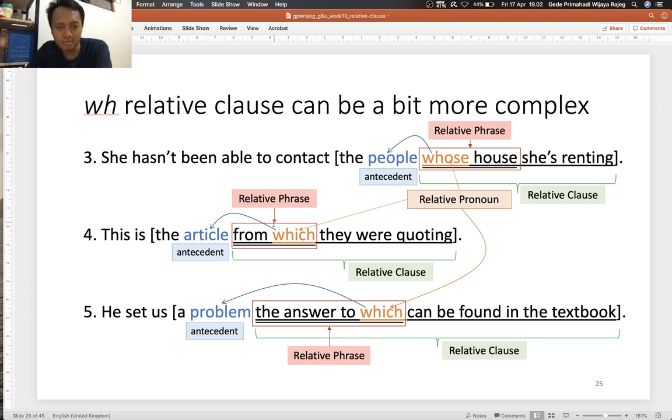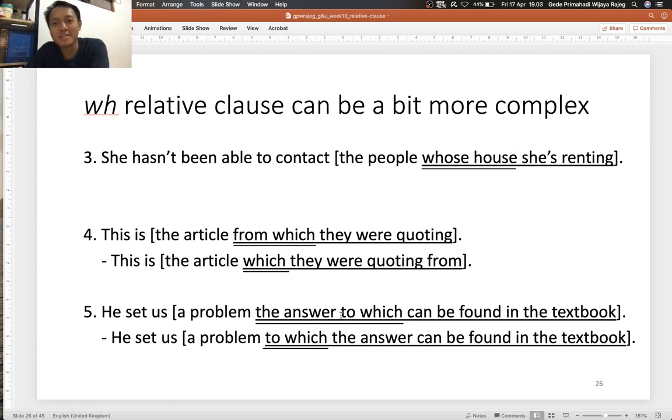And in example 4, which refers to the article. Yeah, article is the antecedent of which, not from, because which is the relative pronoun. And which in number 5 also refers to problem as the antecedent. And you see this relative phrase has 4 words inside it. Well, I've tried to make a simpler version of number 3, but maybe that sounds ungrammatical in English.